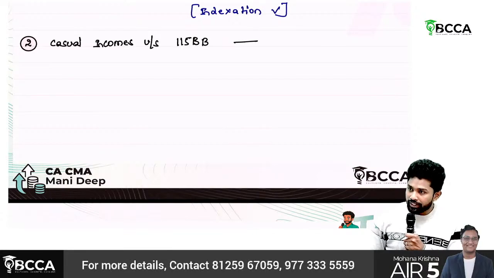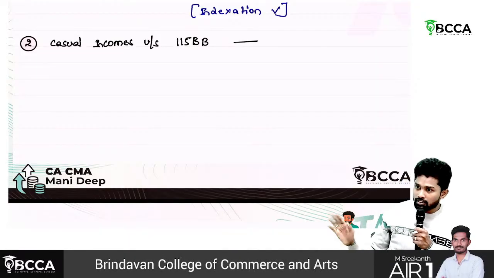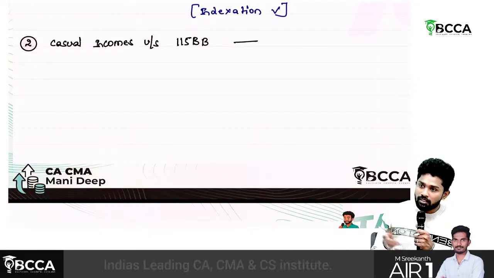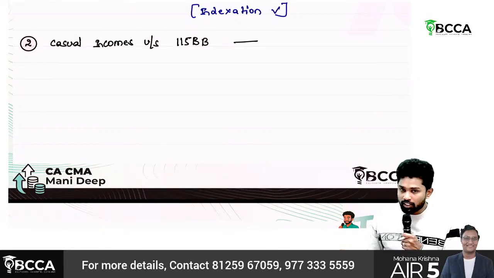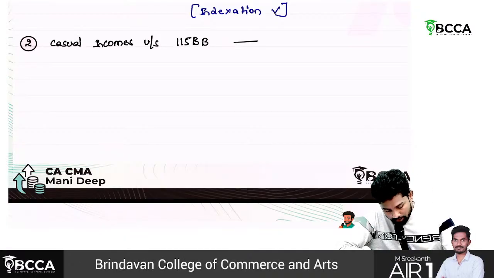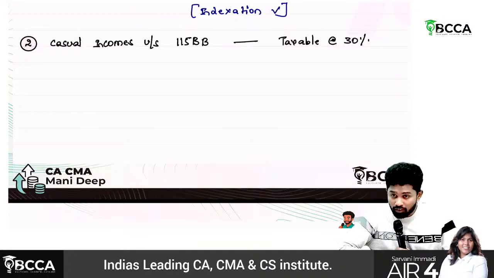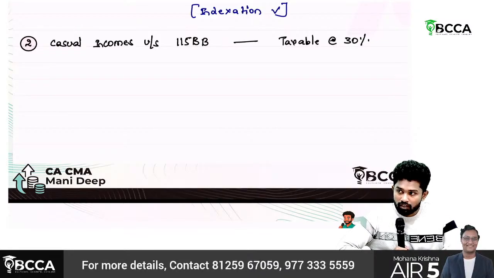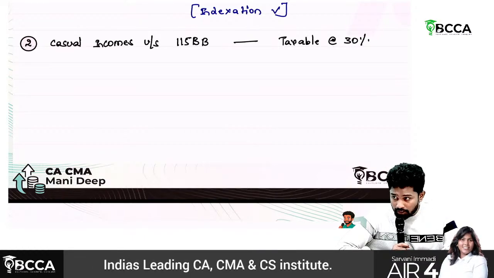Why are they called casual? Because you will not put much effort towards them. They'll come, there is no effort needed. Randomly also those amounts are going to come. That's why they are called casual incomes. 115BB. The tax rate is a flat 30%. Taxable at 30%.